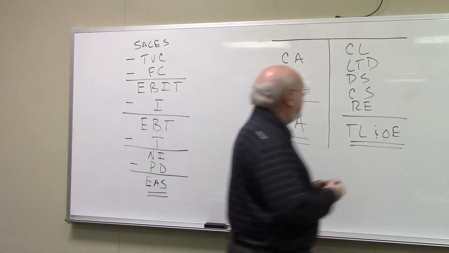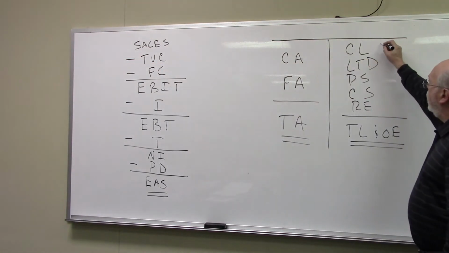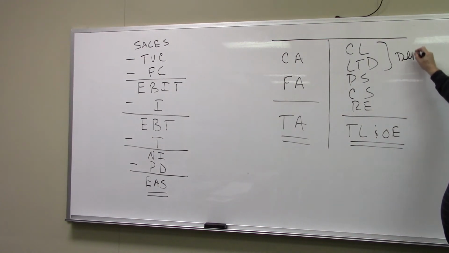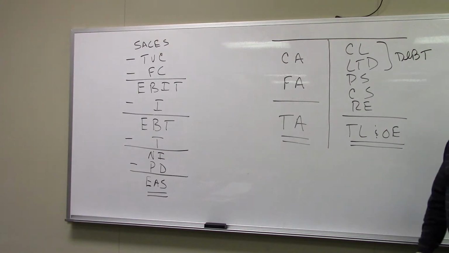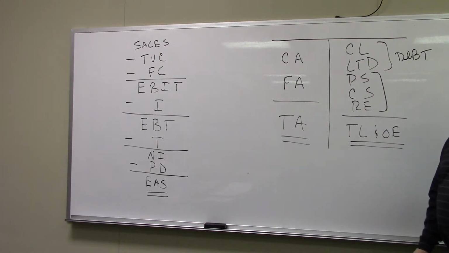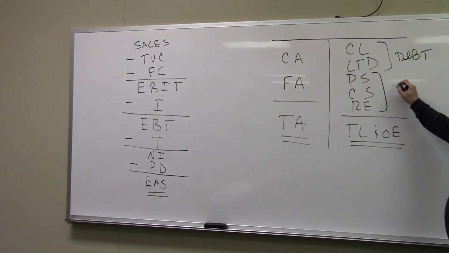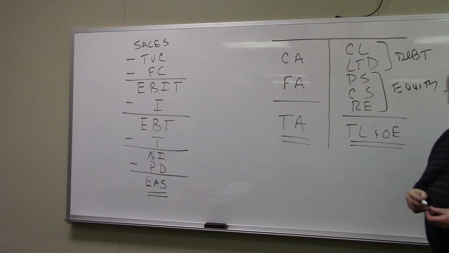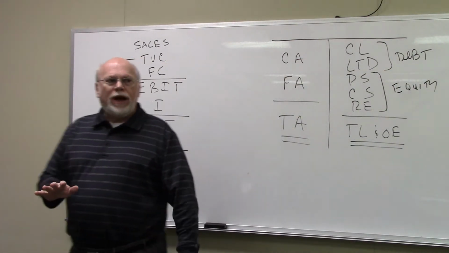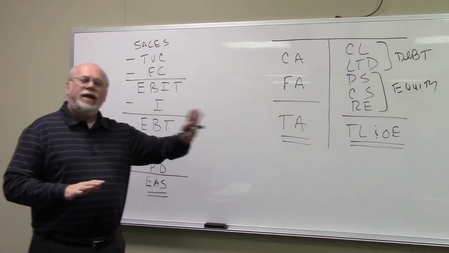And long-term debt plus short-term debt is the debt of the company. The preferred stock financing, common stock financing, and retained earnings are the equity of the company. As I told you before, everything on the right-hand side of the balance sheet is either debt or equity.